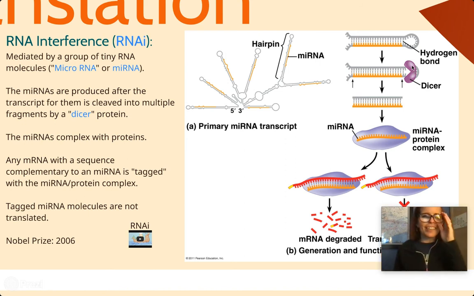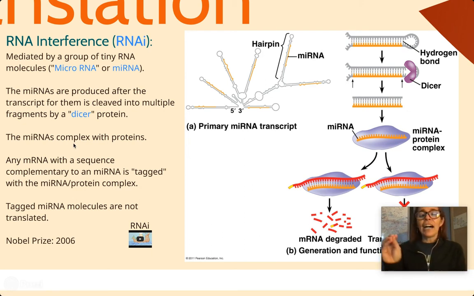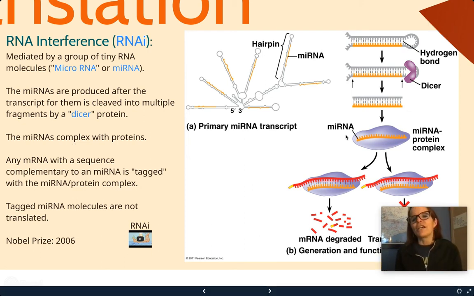And then this is where it gets a little bit complicated. So it says the miRNAs are produced after the transcript for them is cleaved into fragments by a dicer protein. So this dicer protein made these little sections of microRNAs. They then, who knew this was a verb? They complex with proteins. So the microRNA then joins with a protein complex.